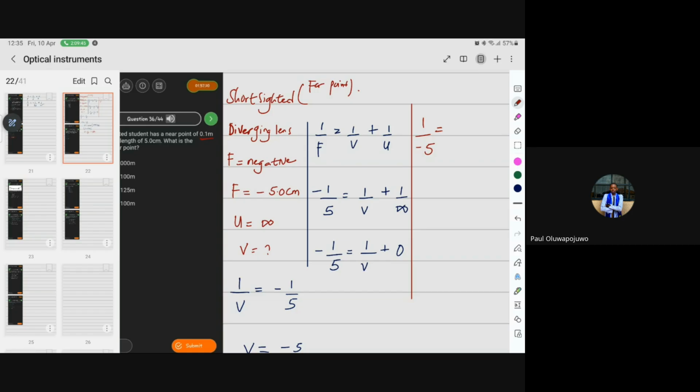Do we have any business with his near point? If that's the case, that means he has a near point of 0.1. We're looking for his far point.